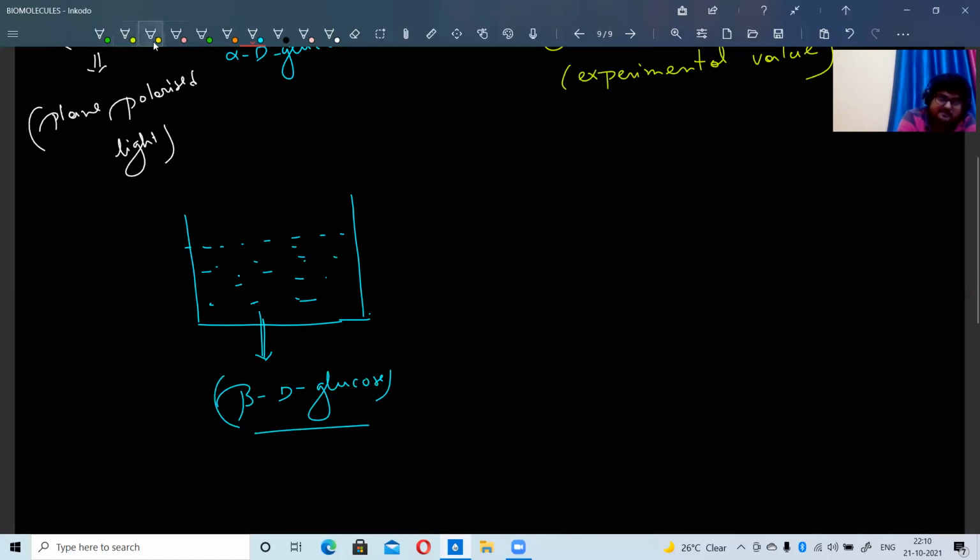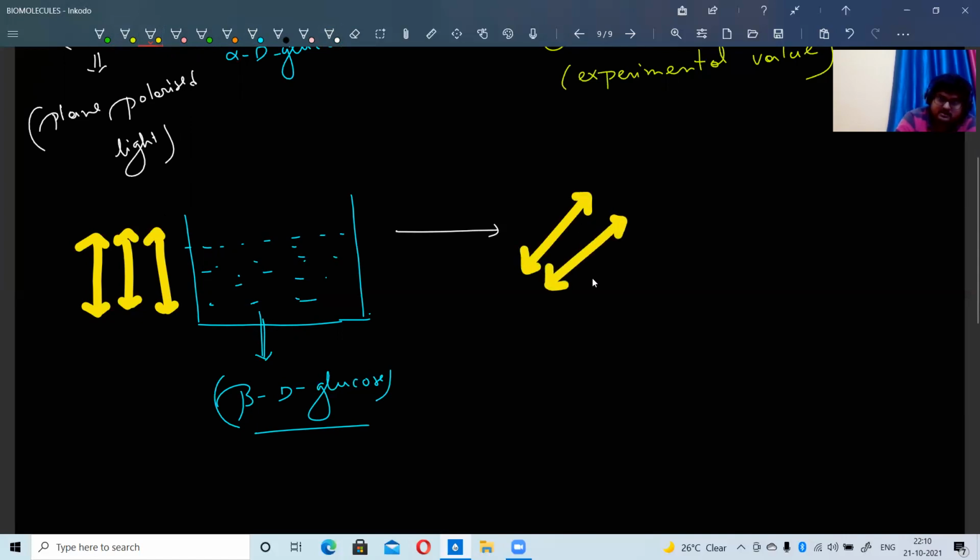Again, you are passing plane polarized light over here. Again, this plane polarized light rotates. And here, the angle of rotation by measurement is near equal to 18 degrees. So in this case, theta equals 18 degrees. This is all our PPL. This value is an experimental value.